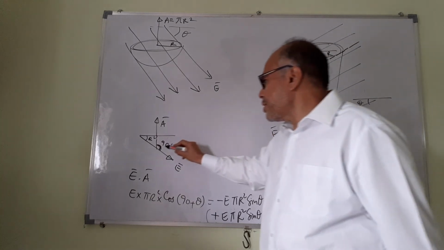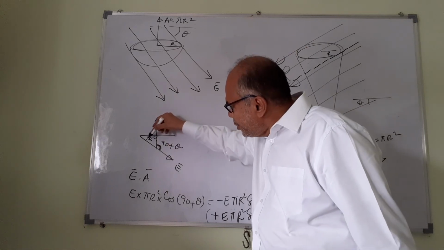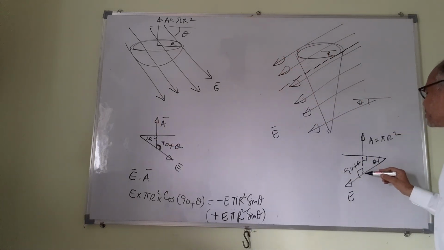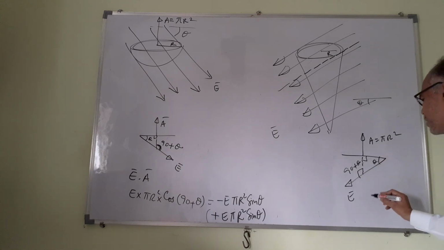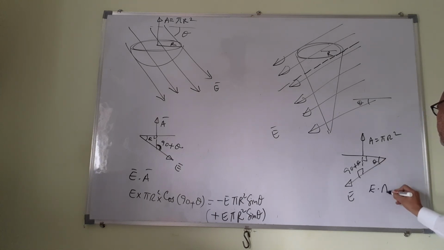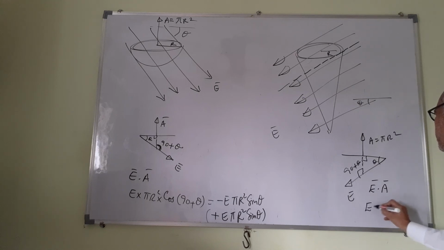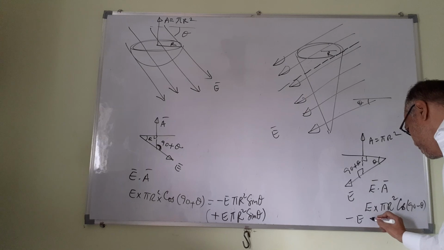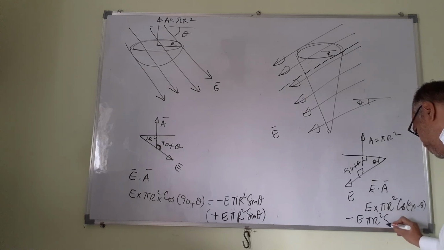Same as here, the exterior angle is equal to the sum of the interior opposite angles, theta plus 90. So the flux would be again E dot A, which is E into pi r squared into cos of 90 plus theta. That will give the same result, minus E pi r squared sine theta.